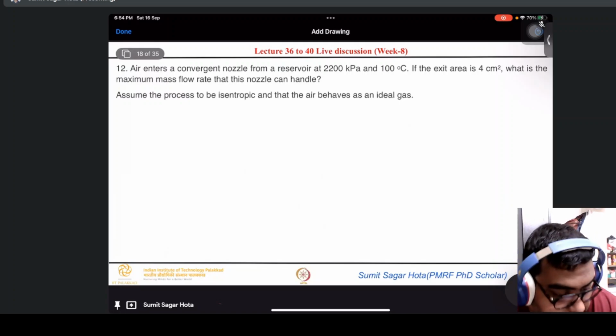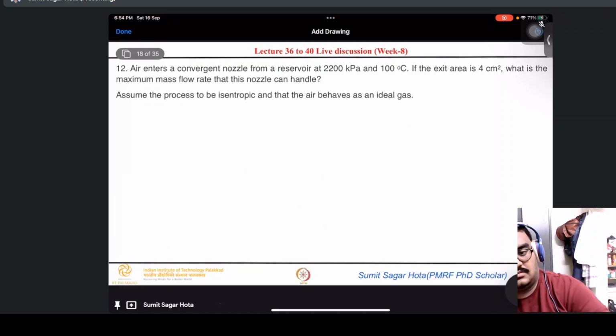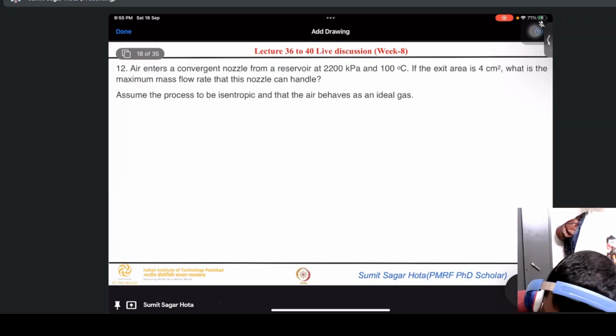Okay, next question. Air enters a convergent nozzle from a reservoir at 2200 kilopascal and 100 degrees Celsius.